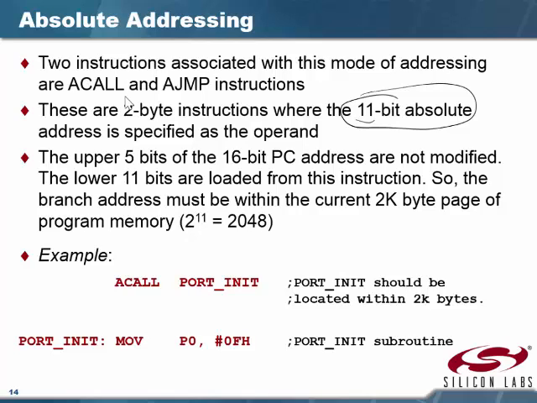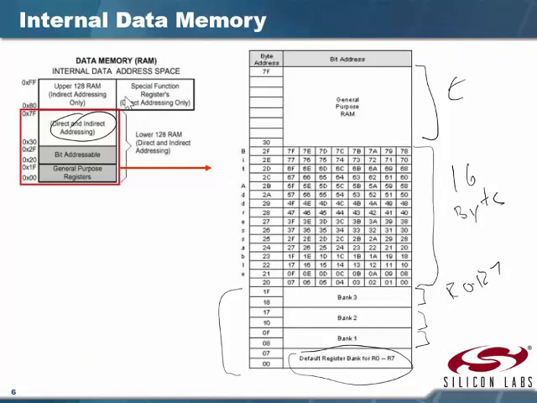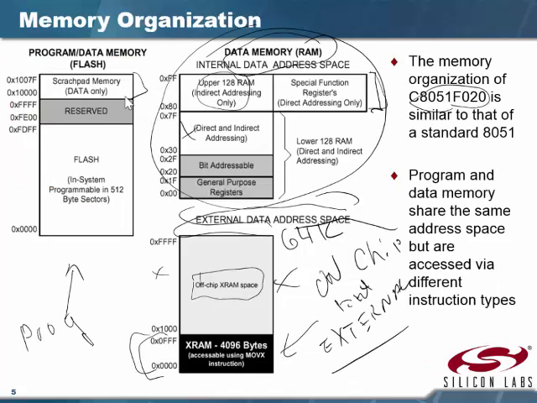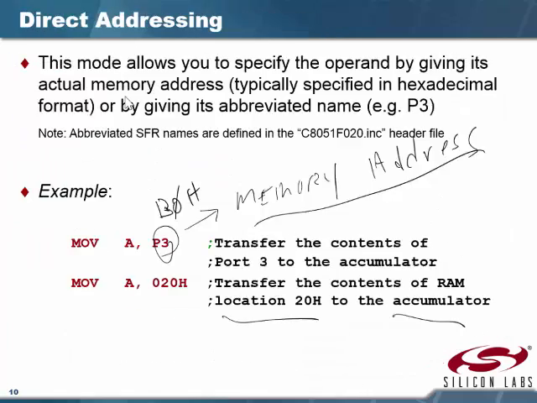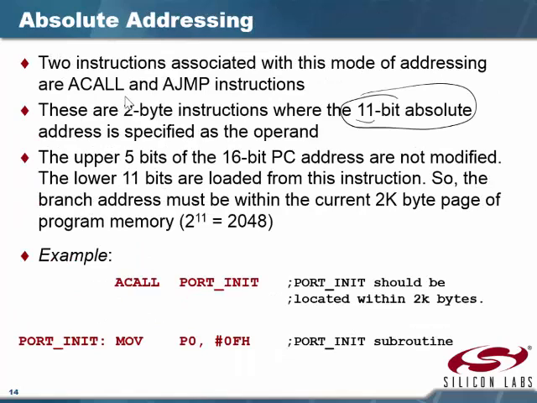And keep in mind, how big is our program memory on this thing? It's not very large. That doesn't sound good, does it? Our program memory is flash memory, and it's about 2K is what it looks like. So we've got our relative, and that's got to stay within the same page.